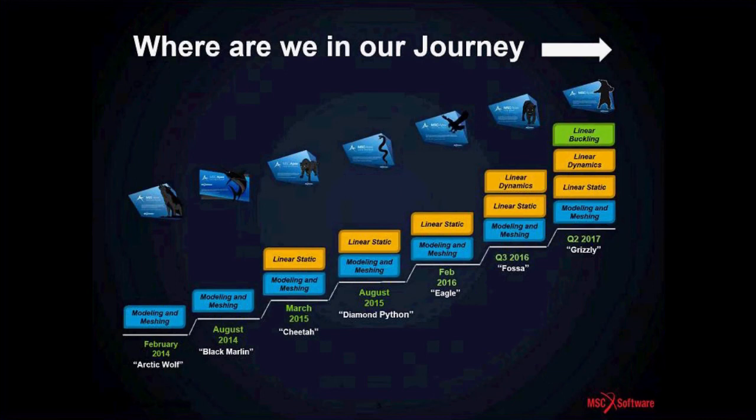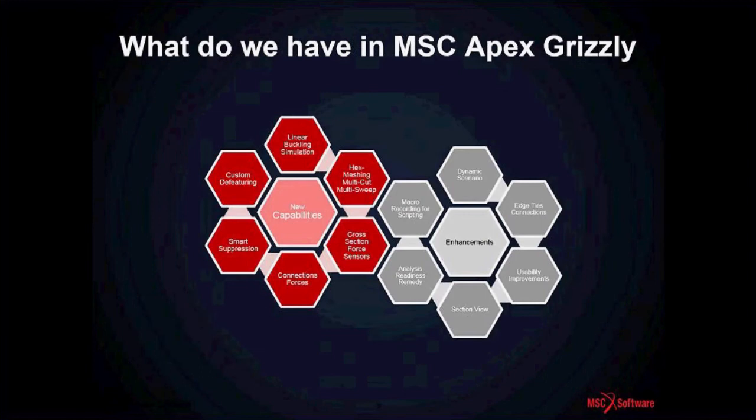We continue to enhance the modeling and meshing capabilities in each of the releases. What do we have in Grizzly? We are introducing linear buckling simulation, as I mentioned. In addition to that, there will be an all-new multi-sweep, multi-cut hex meshing capability, custom defeaturing, and results exploration capabilities where you can look at the cross-section forces and connection forces.